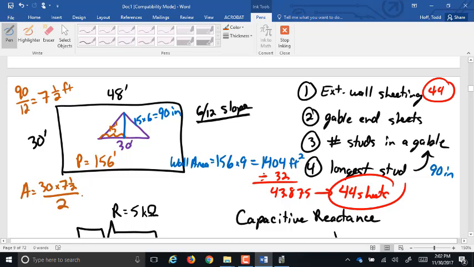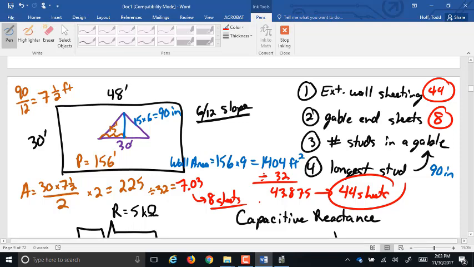Of course, it's divided by 2, but then I'm going to multiply by 2 because there's 2 ends, right? 225 works for me. Then you divide that by 32 to get 7.03. So we've got to round up to 8 sheets for the gable ends.